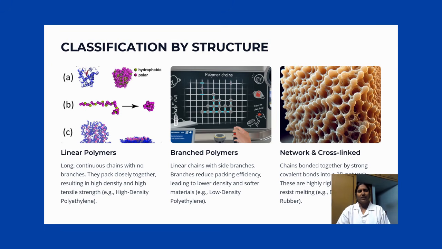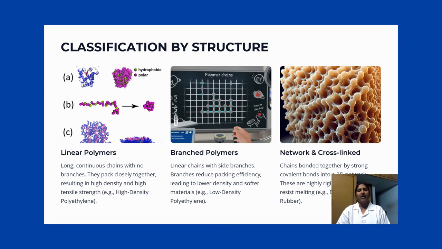Classification by structure. The polymers are classified according to their structure as linear polymers, branched polymers, and network or cross-linked polymers. Linear polymers are long continuous chains with no branches. They are packed closely together, resulting in high density and high tensile strength. Example: high density polyethylene.